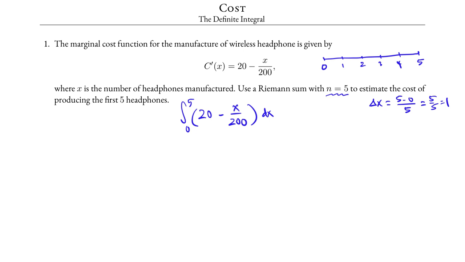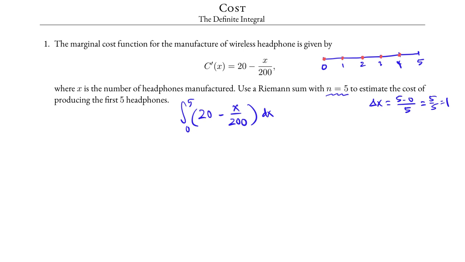Now, using the left endpoint, we will use 0 for the first interval, 1 for the second interval, 2 for the third interval, 3 for the fourth interval, and 4 for the fifth interval. Remember that each delta x is 1.